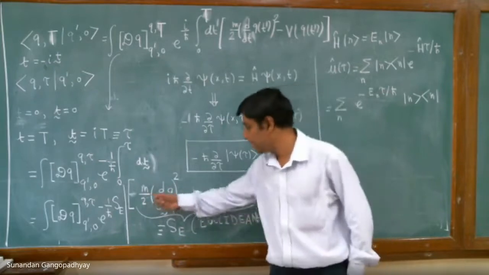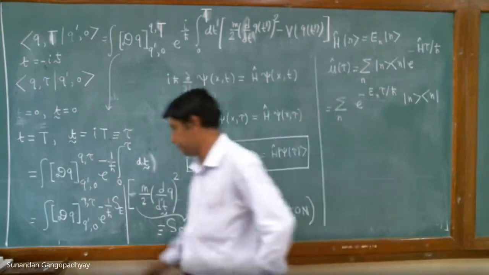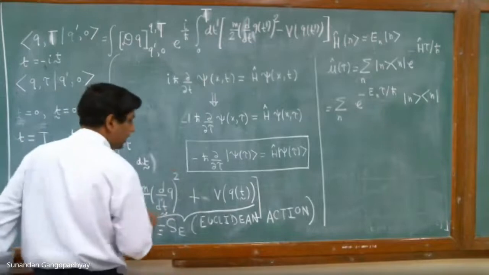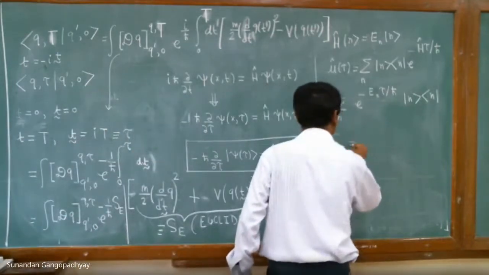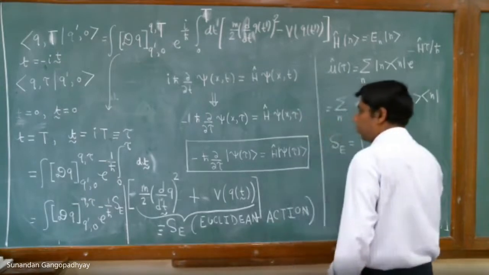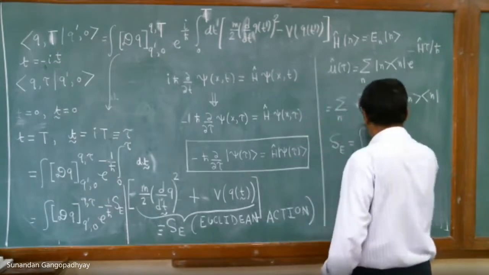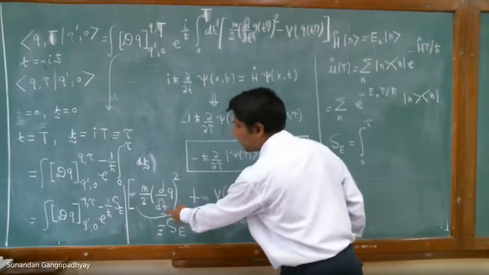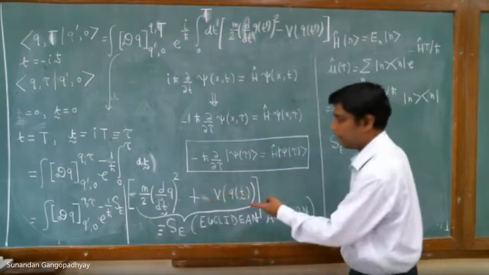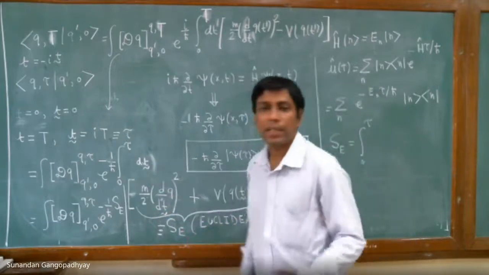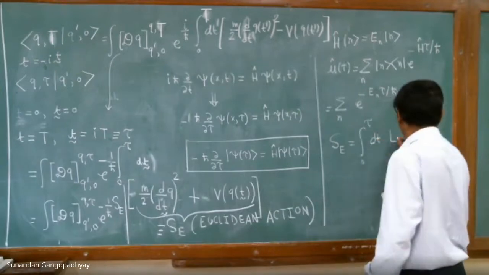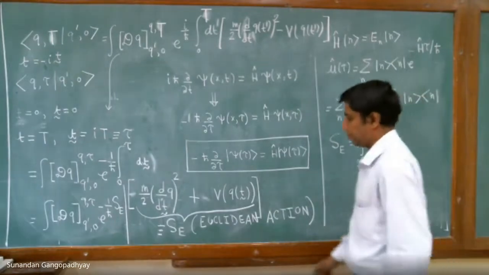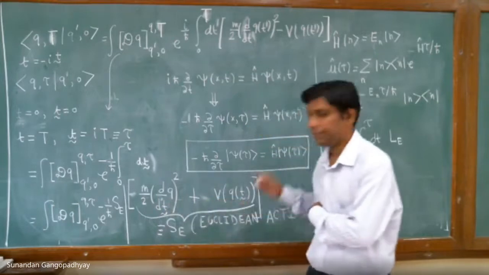You can write this factor to be L_E. The S_E that we have over here is nothing but the integral from 0 to tau. Now you can change this t tilde to anything, because t tilde is a dummy variable. Therefore, we can write it as dt L_E, where L_E is this.